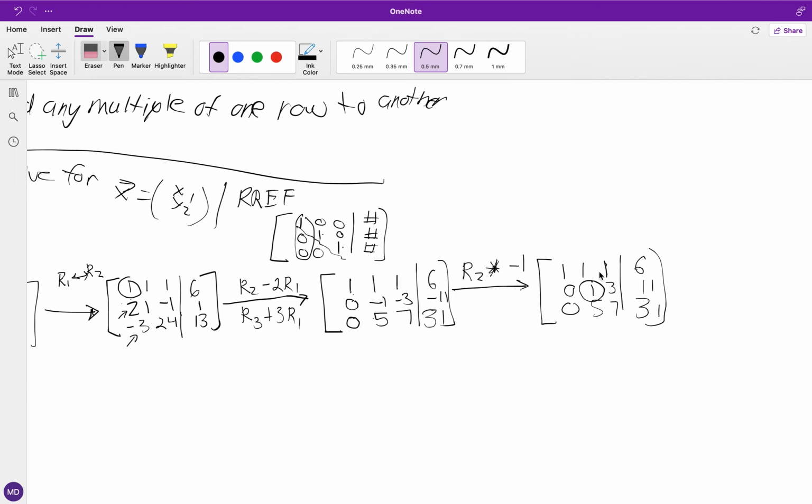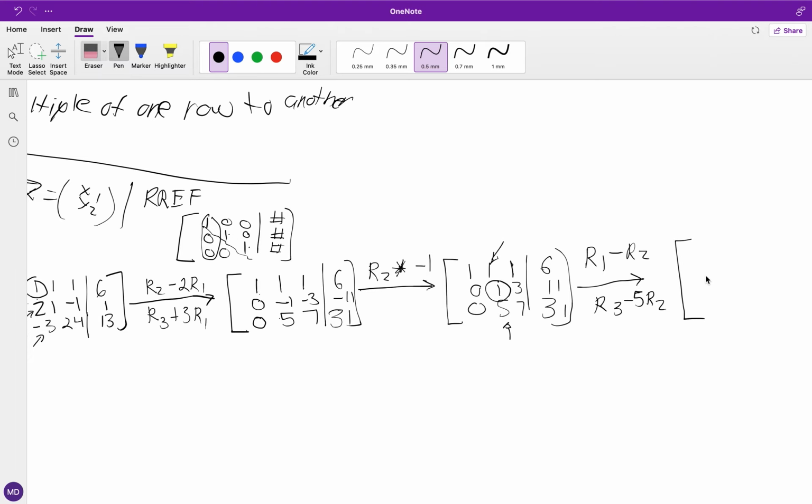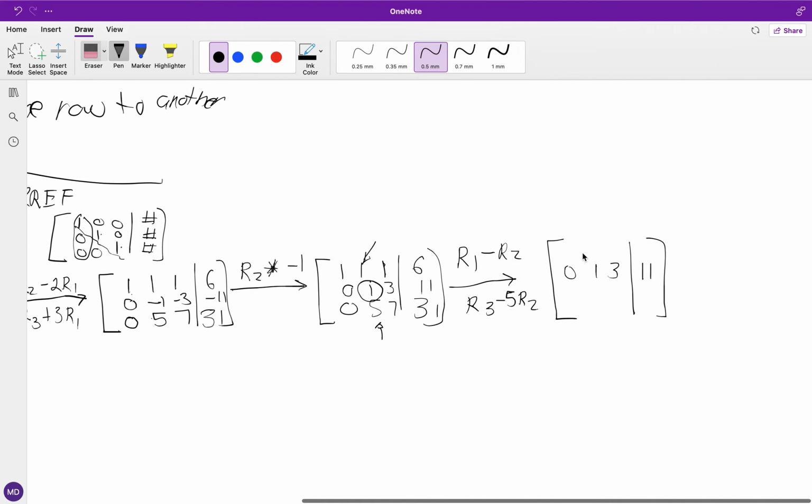We're going to use this leading one here to create zeros in these entries here. So we're going to take R1 and subtract off R2, and we're going to take R3 and subtract off 5 times R2. R2 is not being operated on, so we write out R2 because it stays as is. Now R1 minus R2: this will stay a 1, this will become a 0, this will become a negative 2, this becomes a negative 5.